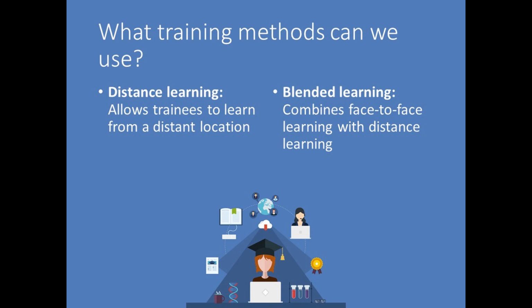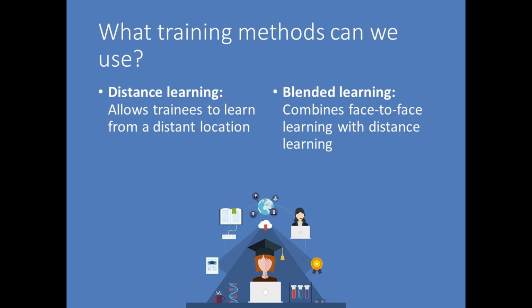But distance learning can be synchronous, and instruction can be delivered in real time. Using teleconferencing and web conferencing tools like Zoom and Skype for Business, trainees can ask and answer questions, respond to polls and quiz questions, and share files, all in real time.